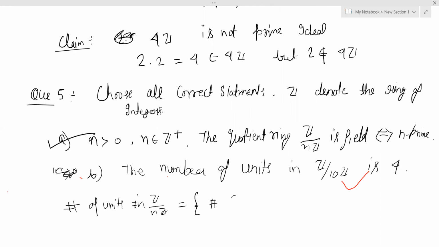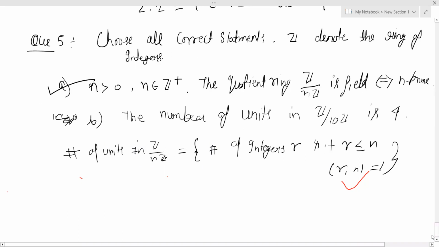Number of integers less than 10 and relatively prime to 10: 1, 3, 7, 9, right?